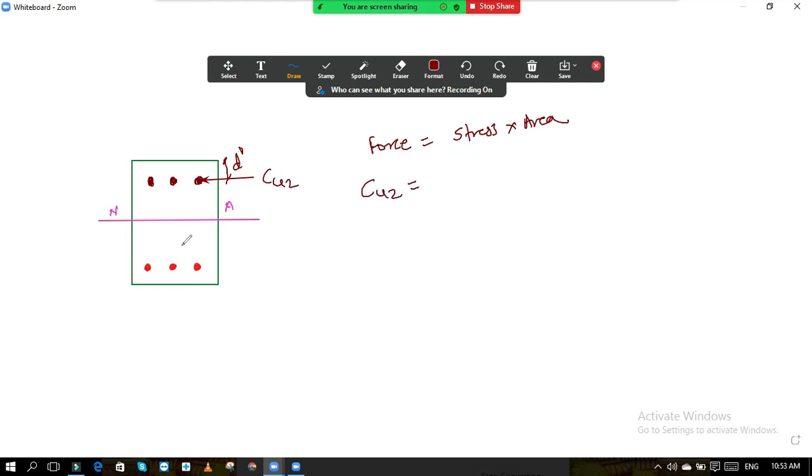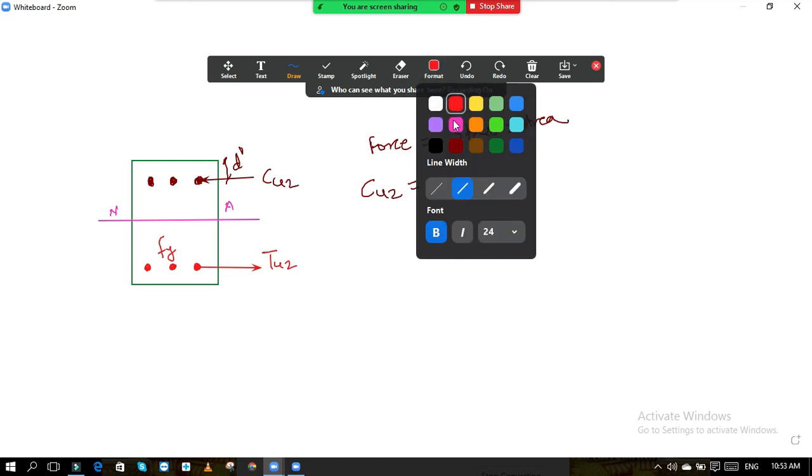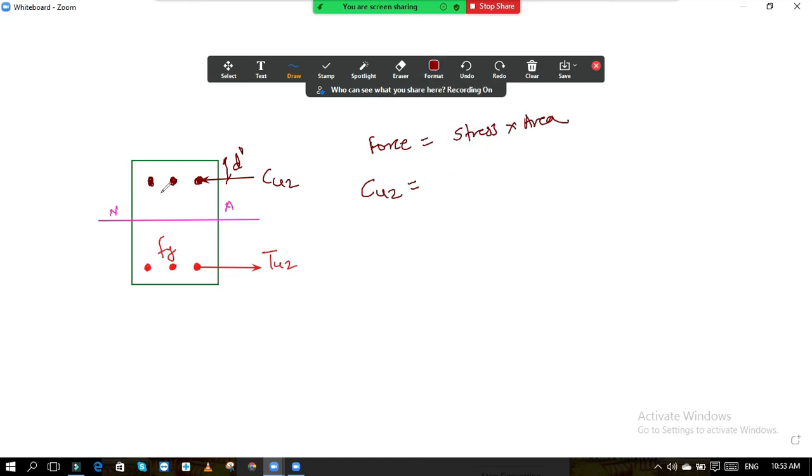What is the stress? Here in the tension zone, if I draw the diagram more clearly, here your Tu2 will be there. This is your Tu2, the tensile force. So in tension zone, what is the stress in steel? It is Fy. Fy is the stress in steel. And in compression zone, what is the stress in steel? Fsc is the stress in steel. So I will write here FSC.